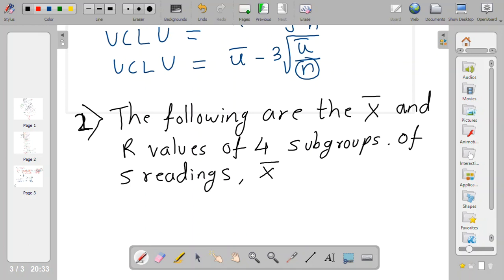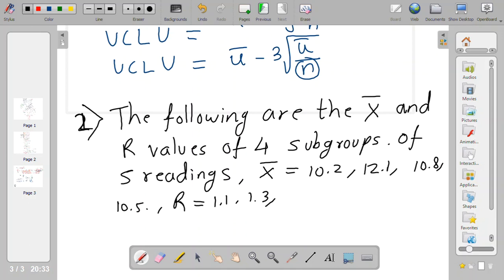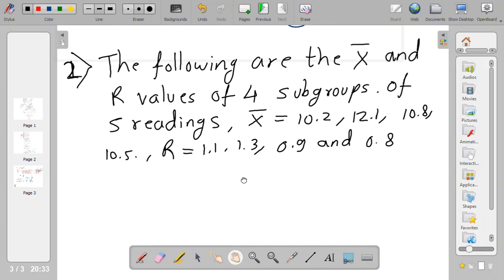The x bar values are given as 10.2, 12.1, 10.8 and 10.5. The R values, the range, are also given: 1.1, 1.3, 0.9 and 0.8.